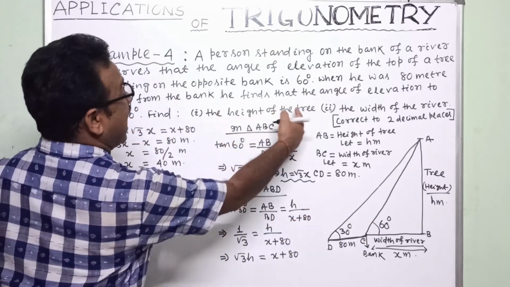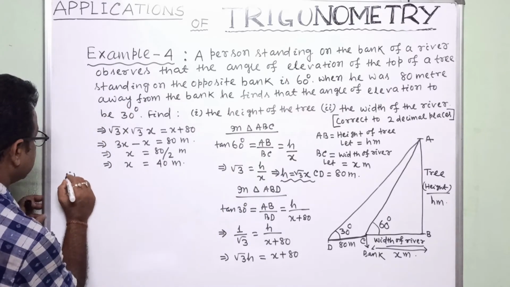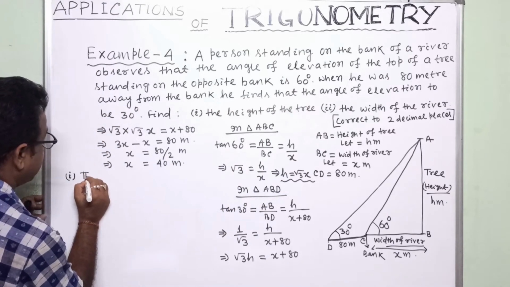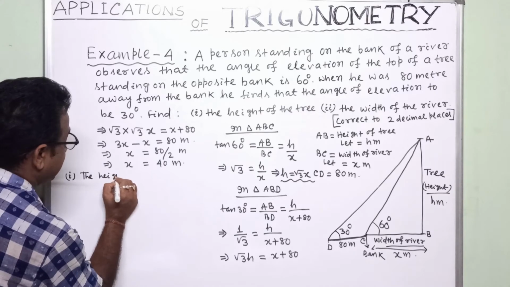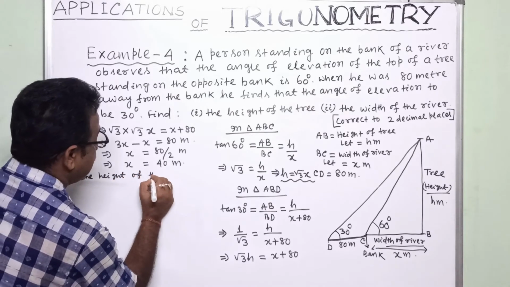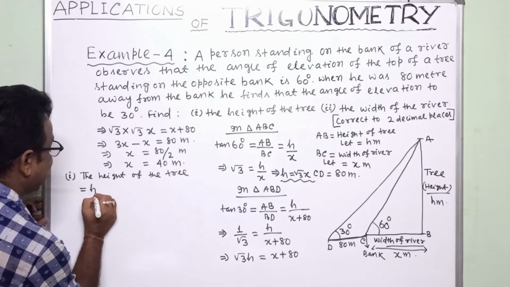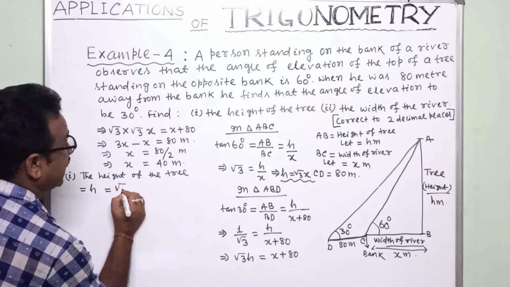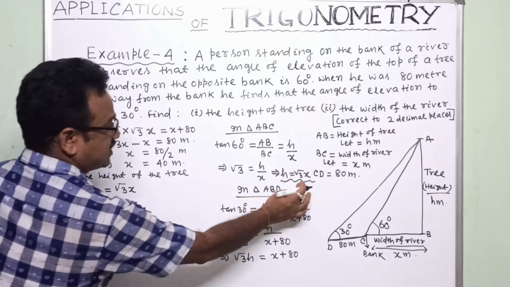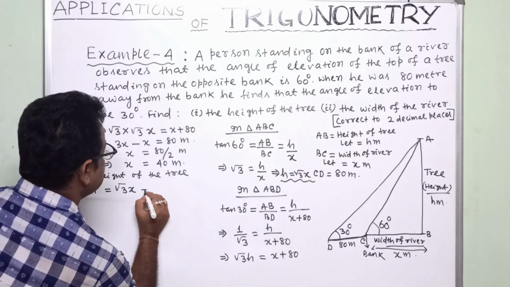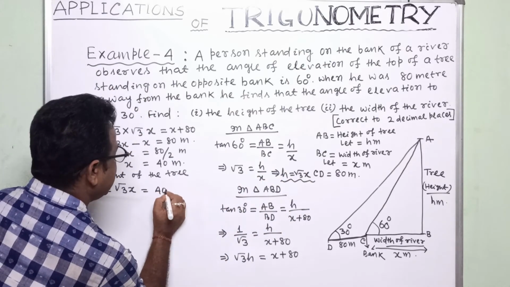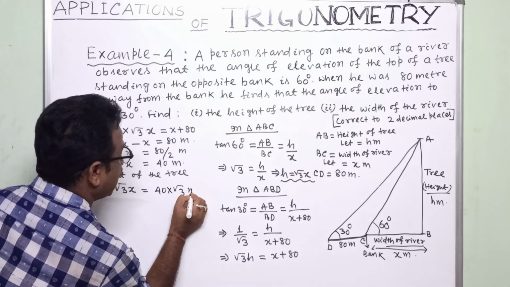Now, the height of the tree. The height of the tree is equal to H, which is equal to root 3X. H is equal to root 3X, which is 40 into root 3 meter.